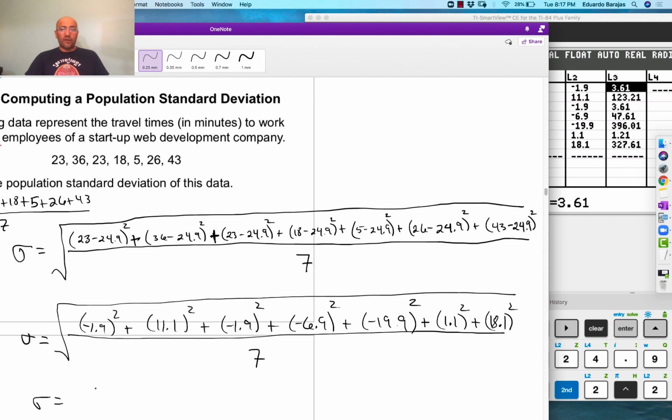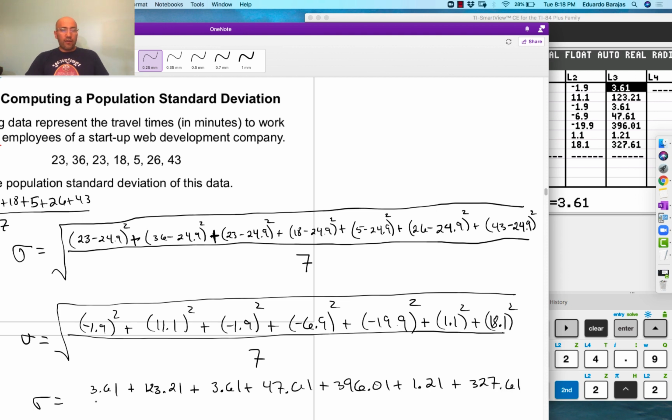Negative 1.9 squared is equal to 3.61, plus 123.21, plus 3.61, plus 47.61, plus 396.01, plus 1.21, plus 327.61.